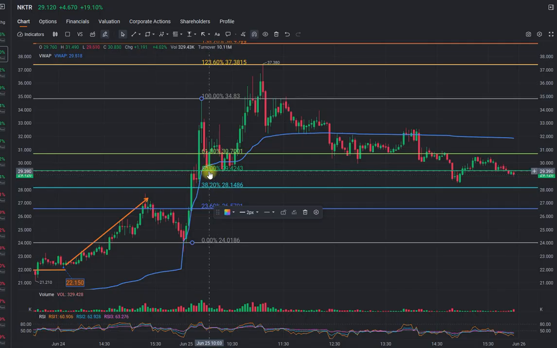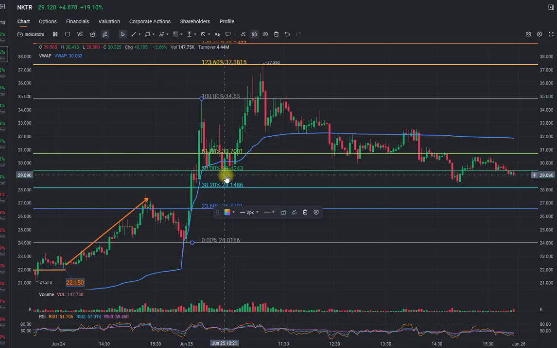Now let's say you see it in time and you act. So you think that this is the support level, and in this case it works like a charm. So 29.40, and the question is, where is your entry point?